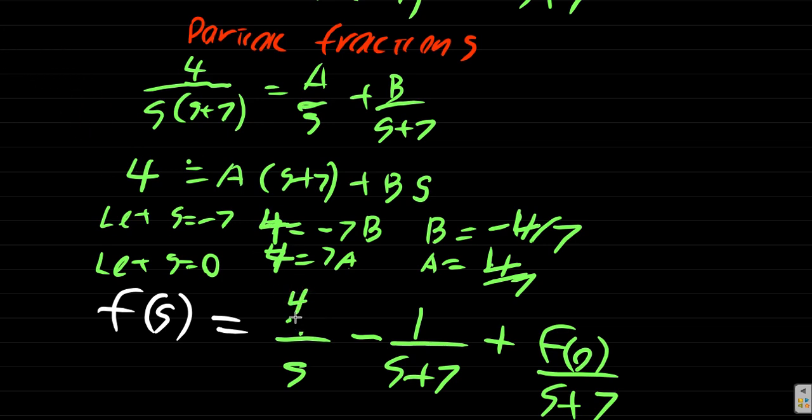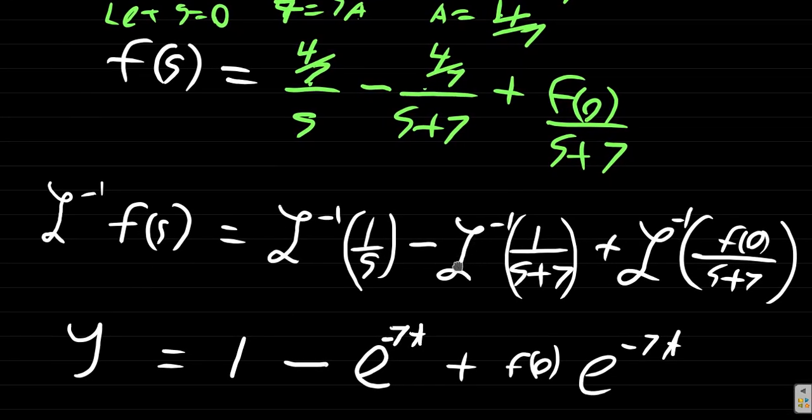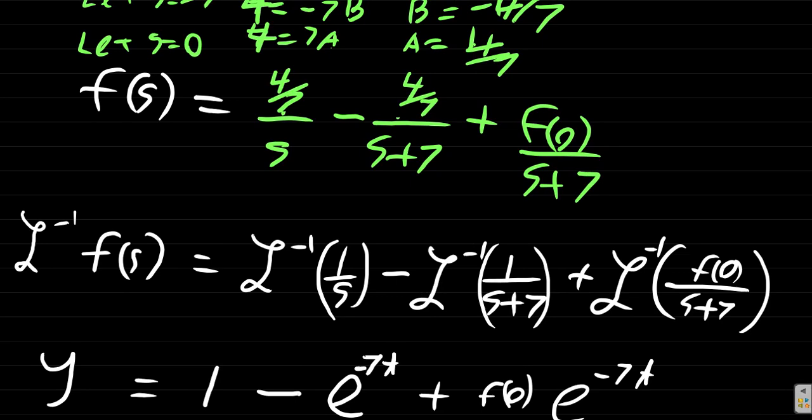So that would be 4 over 7 divided by s, minus, here, which would have been B, 4 over 7 divided by s plus 7, plus f(0) over s plus 7.